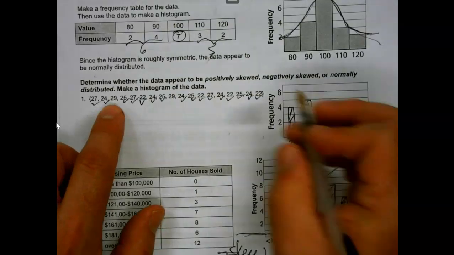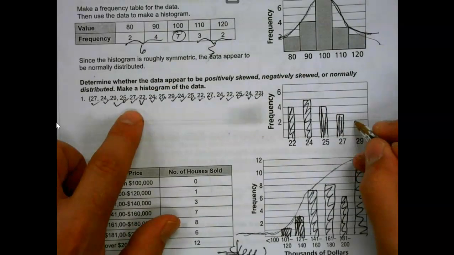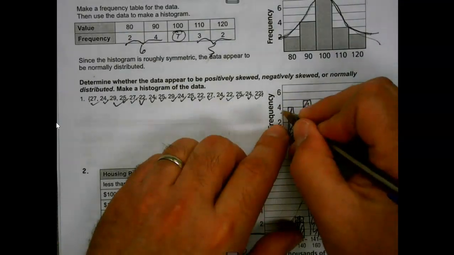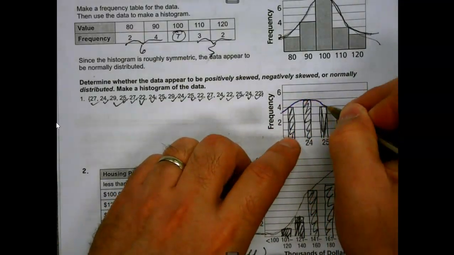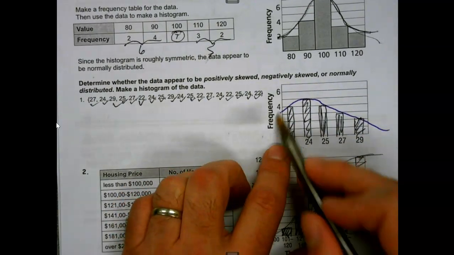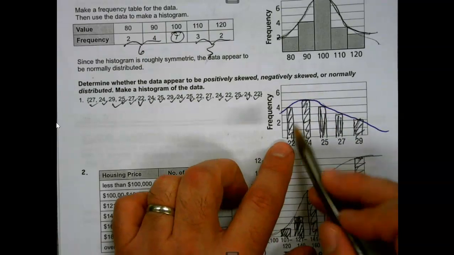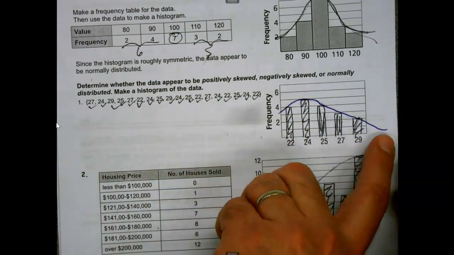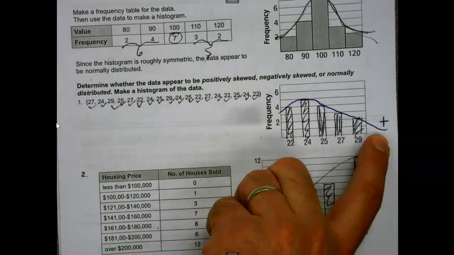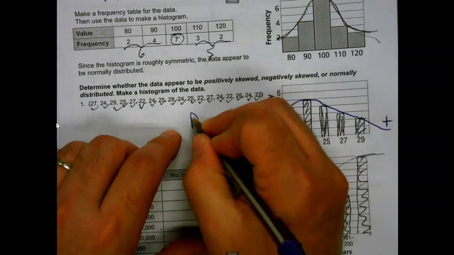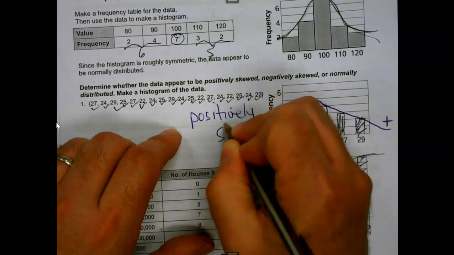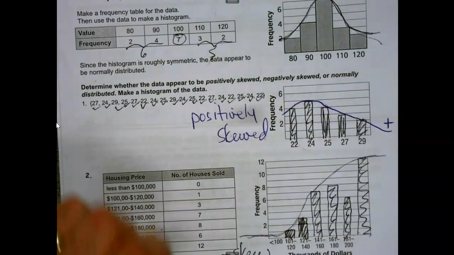And 29, 1, 2. So if I do what I did before and I kind of just run over the tops, this time more of my data is here to the left. My tail goes down to the right. So when my tail goes down to the right towards, like, we'd think positive infinity, that's going to be positively skewed.